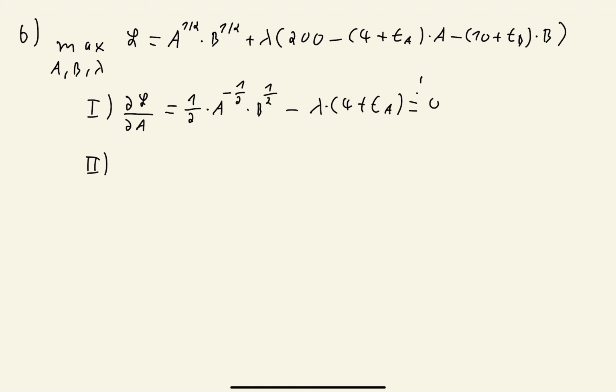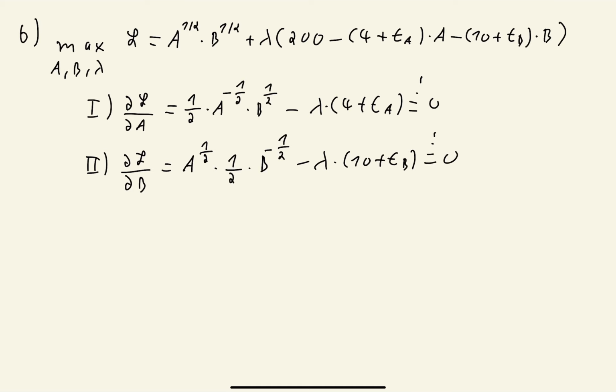Then the second partial derivative is the derivative with respect to B. So then we have A to the power of 1/2 times 1/2 times B to the power of minus 1/2, minus lambda times (10 plus tB), and this should be equal to 0.